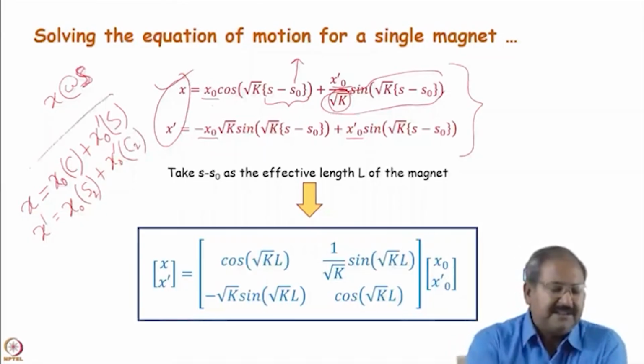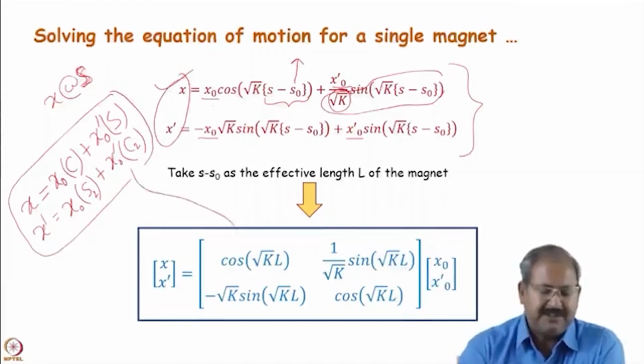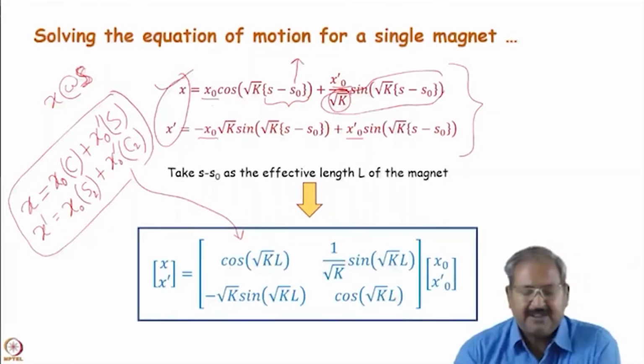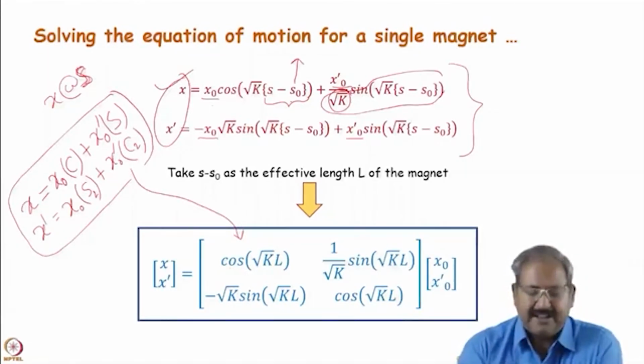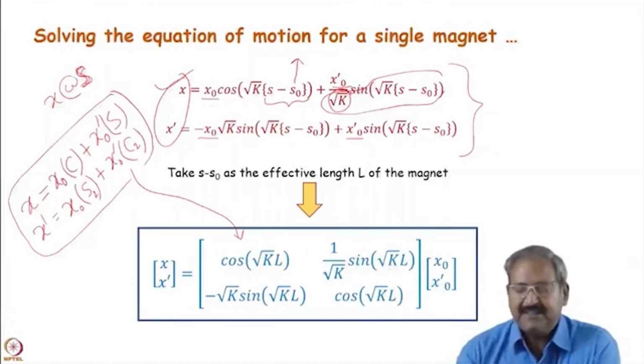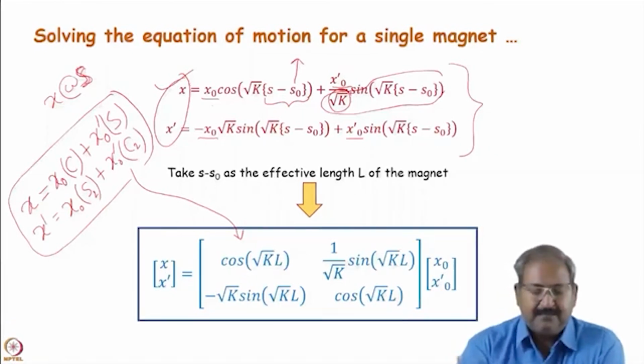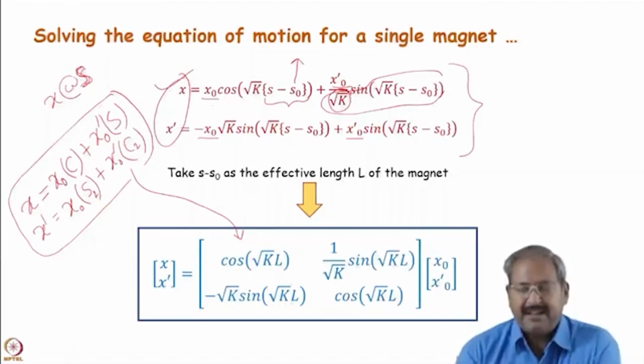So these solutions can be written in the matrix form which is written here, and the elements of the matrix are cos root kl, 1 upon root k sine root kl, and minus root k sine root kl and cos root kl.